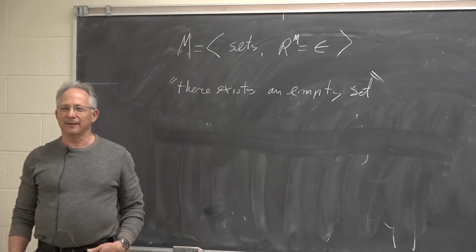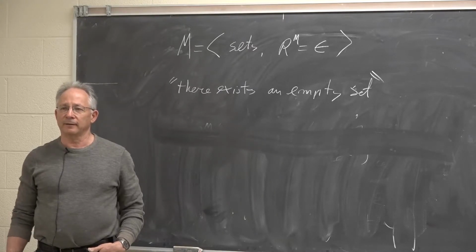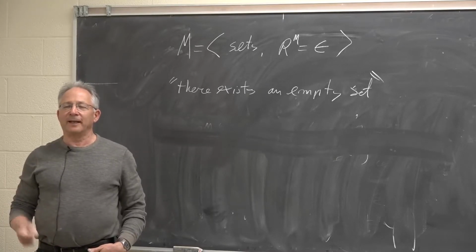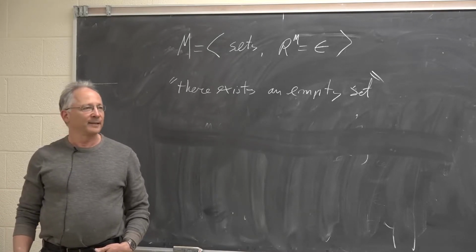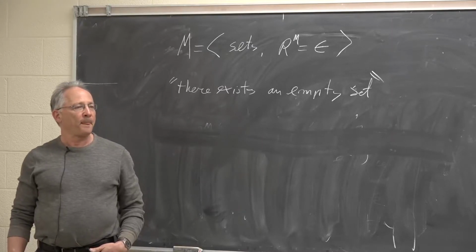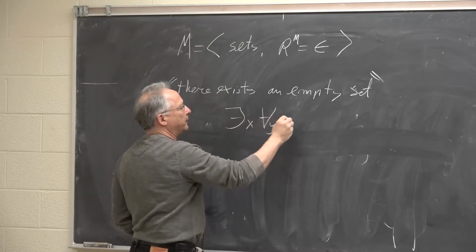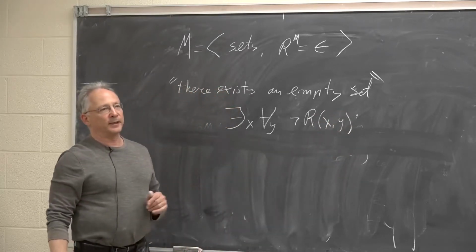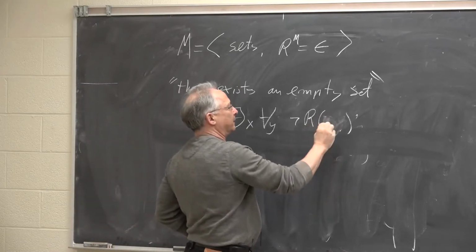You will tell me for every element there is someone inside, but I want to say there exists a set with nothing inside. There exists x such that for all y, not R y x. Such an x will be an empty set. Nobody is a member.